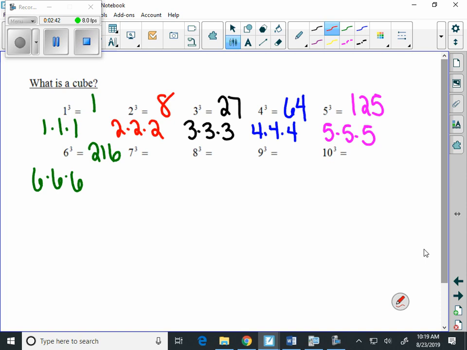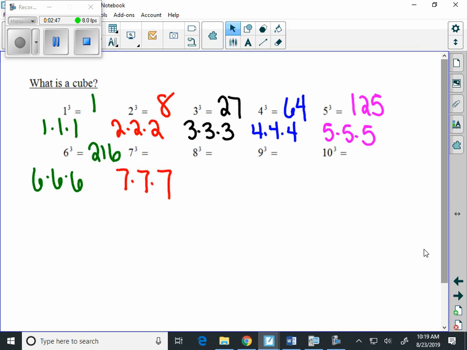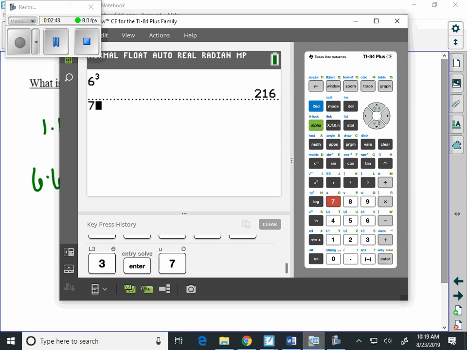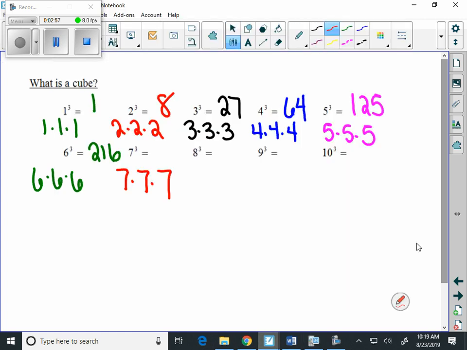7 cubed is 7 times 7 times 7. 7 cubed on the calculator, 7 caret 3, gives us 343. 343 is a perfect cube.